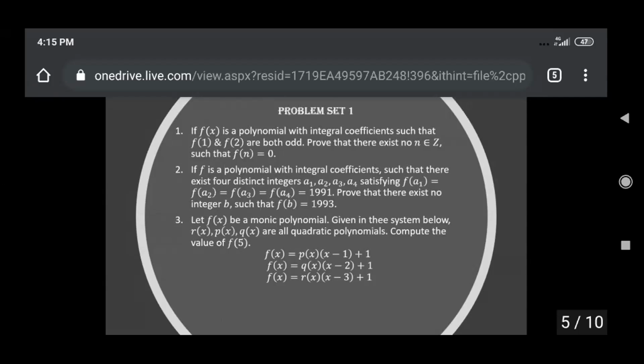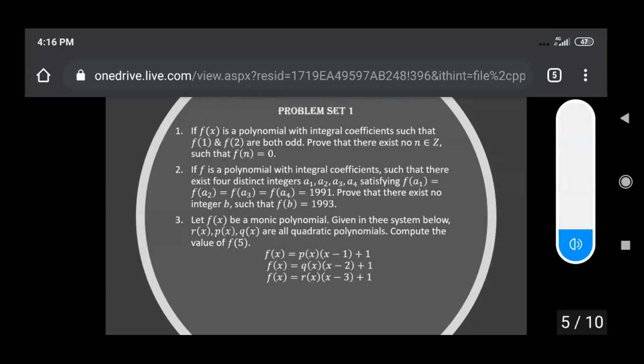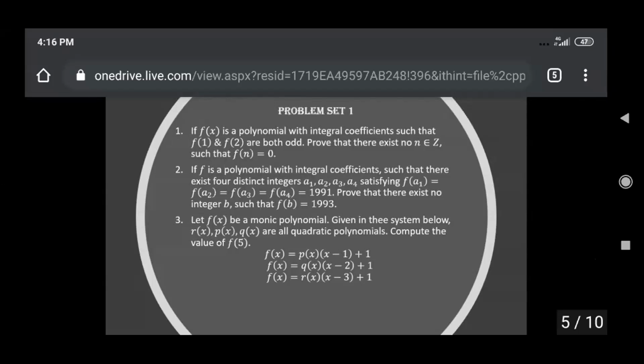Has anybody got it? Tell me in the chat, or else I will discuss the solution.